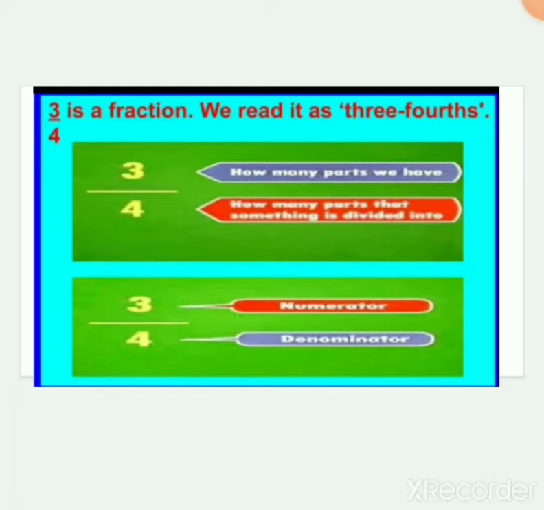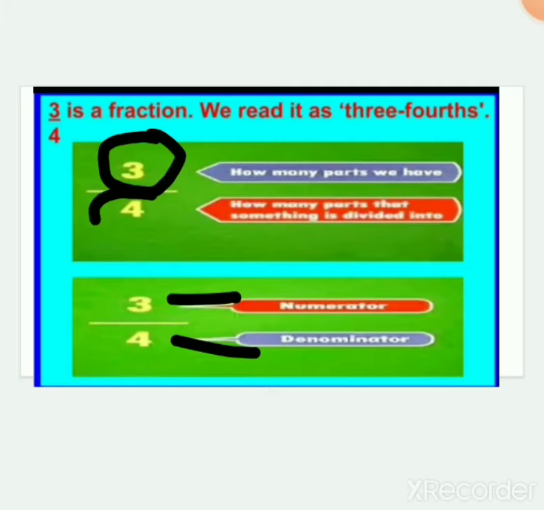Okay, fourths, 3/4. So here 3 is the numerator and 4 is the denominator. 3 is the part we have and 4 is how many parts the whole is divided into. The total parts is below and how many parts we have is above. Okay, this one.